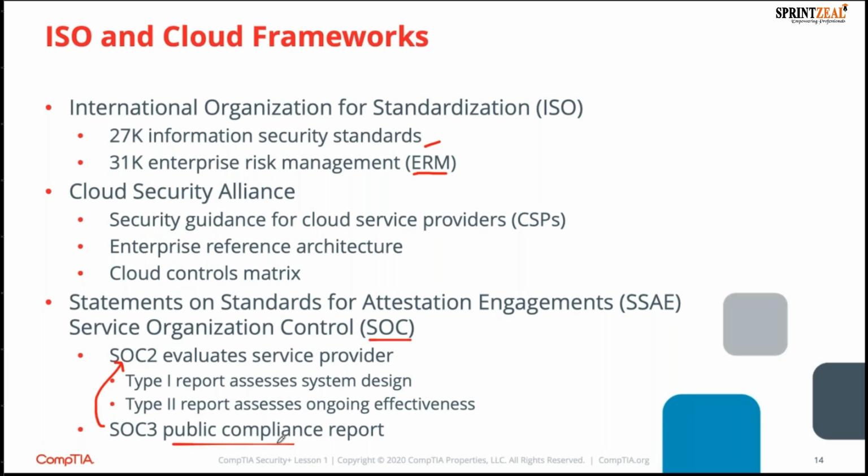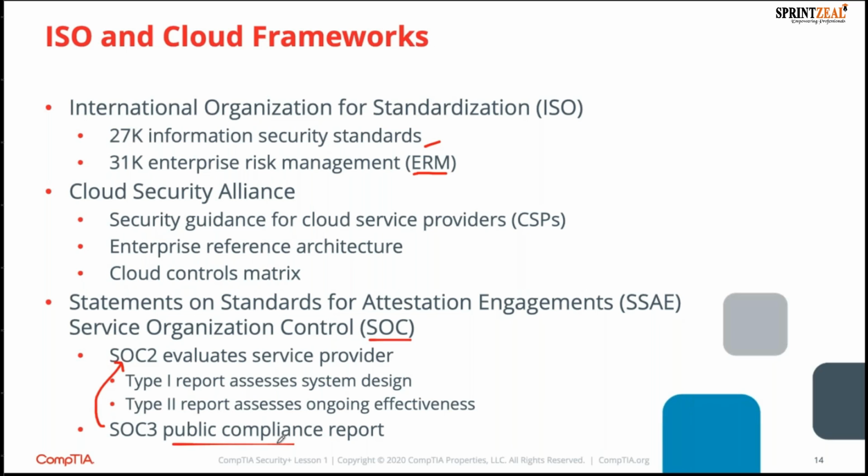And in SOC 2, they have the system design. For a Type 1 report, the auditing will be done on the system design, to check whether the system design is compliant. And then the ongoing effectiveness will be assessed periodically, every 6 months or annually, semi-annually or 12 months.